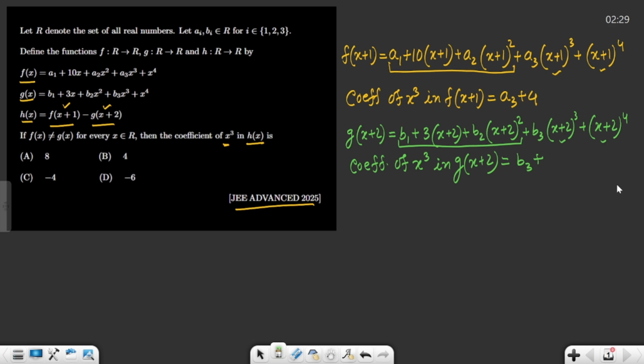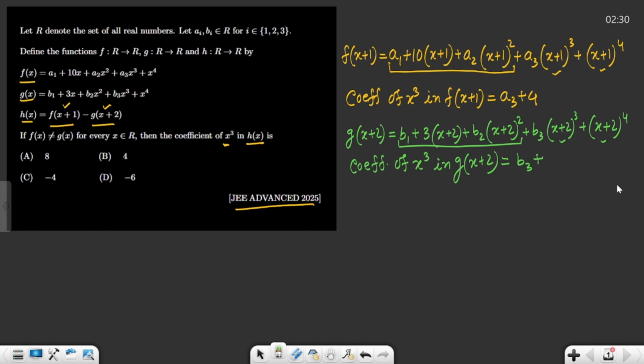Again, the power 4 expansion proceeds like x to the power 4, plus 4 into x cube into 2, plus 6 into x square into 2 square, plus 4 into x into 2 cube, and at last we get 2 to the power 4.